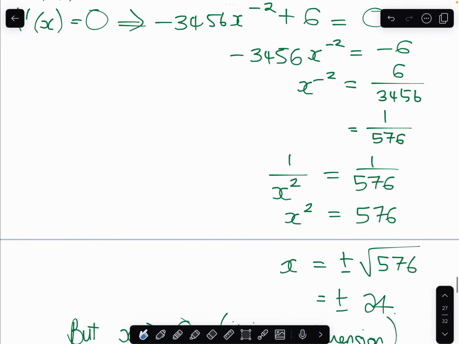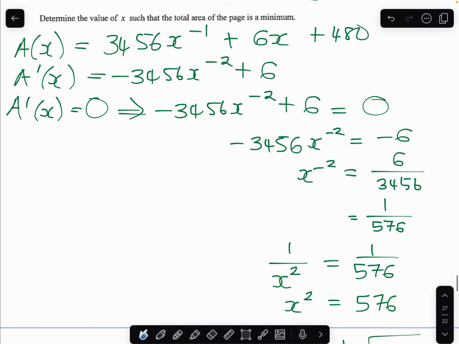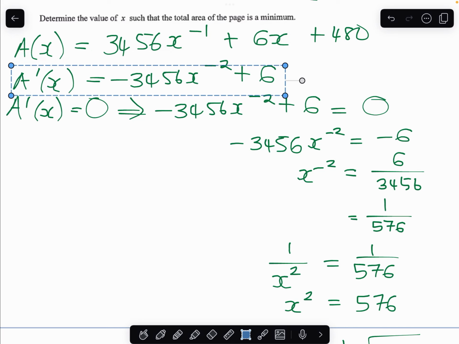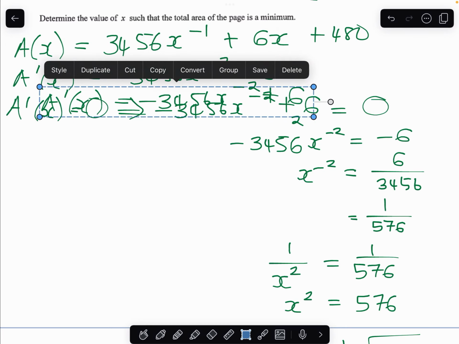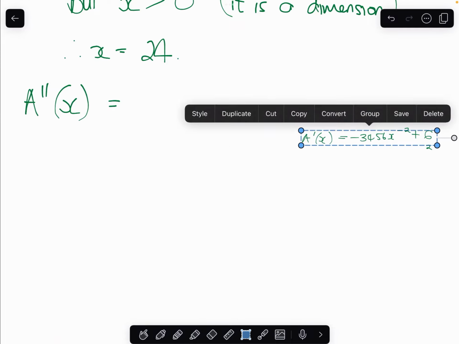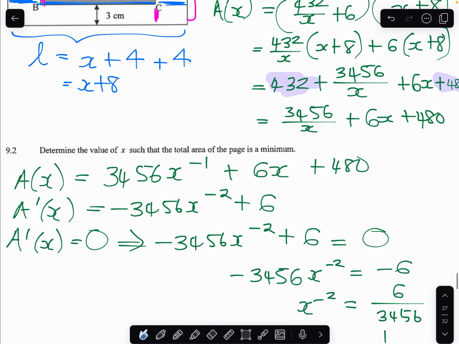And we can double check that it does in fact give us a local minimum for our graph. We can double check that by figuring out the second derivative, so our first derivative is this guy. Just put that somewhere for reference.